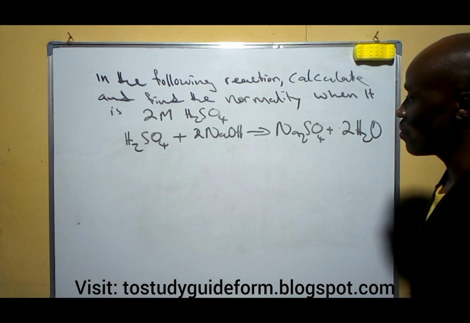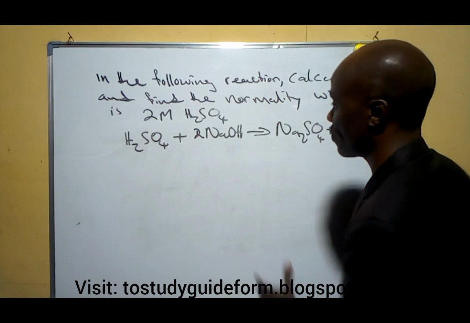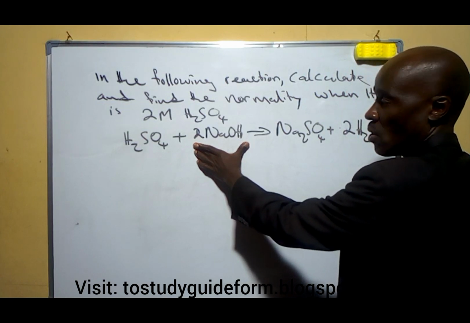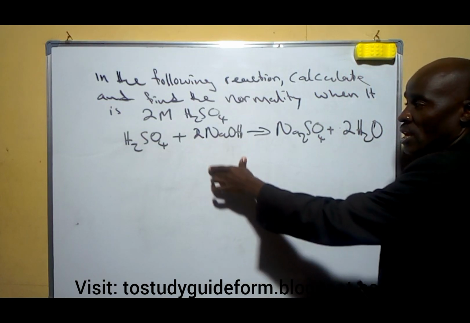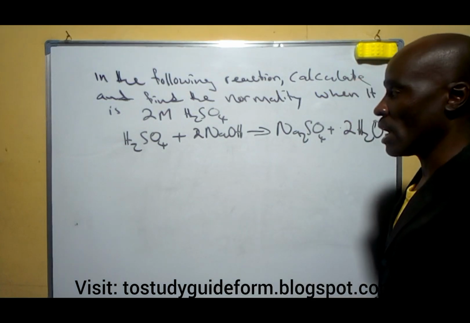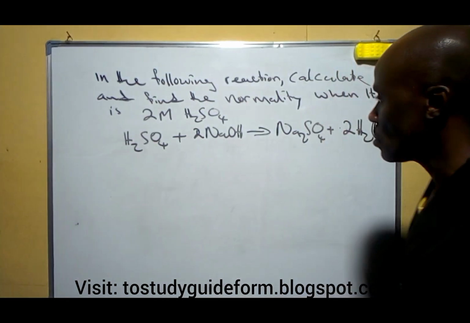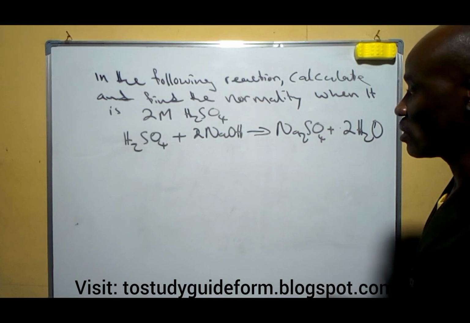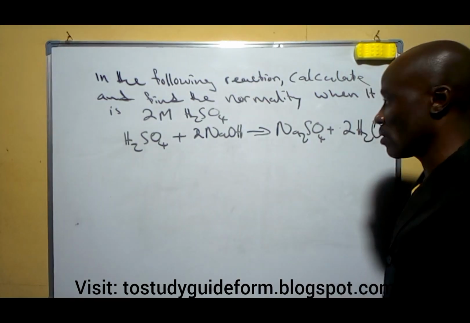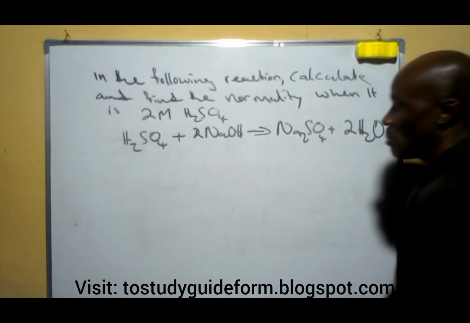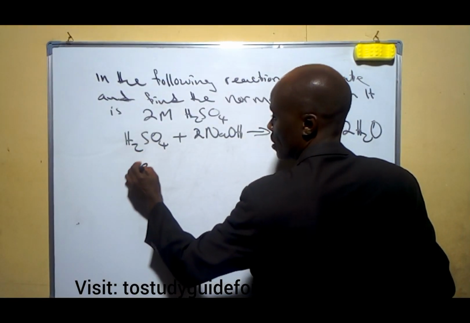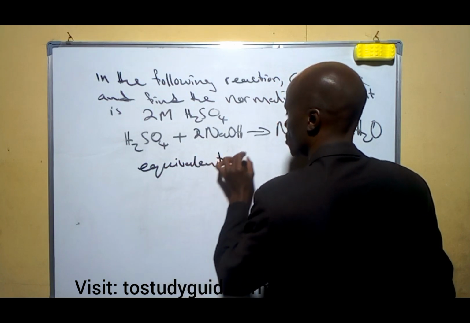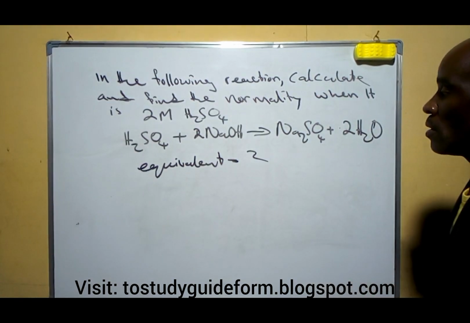The equivalent, or the hydroxide ions required to neutralize the acid, is two ions of hydroxide, which will neutralize the hydrogen ions there. That means our equivalent is 2.